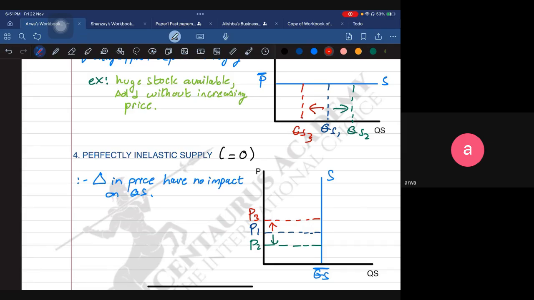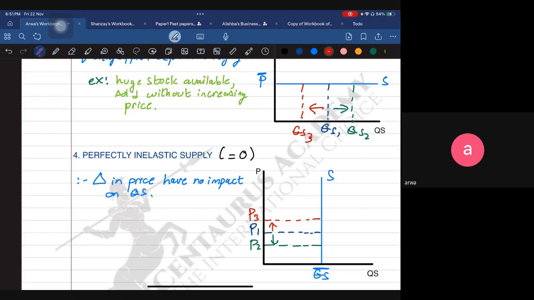Is that the reason? Because they don't have available resources, they don't have enough capital. Is that the reason that they can't increase supply? No, something else. Okay. This could be part of the determinants, but there we talk about it from a general point of view. Here we have to be very specific, and it is perfectly inelastic.